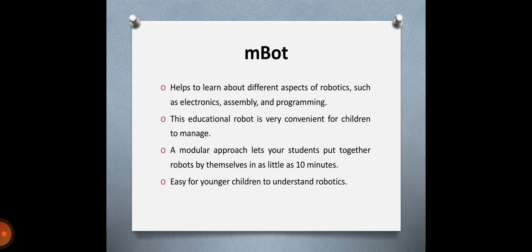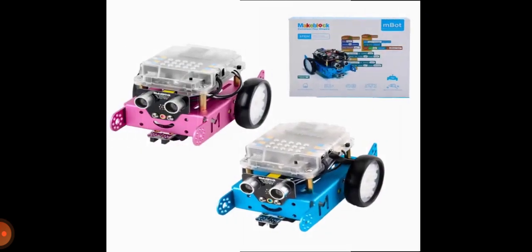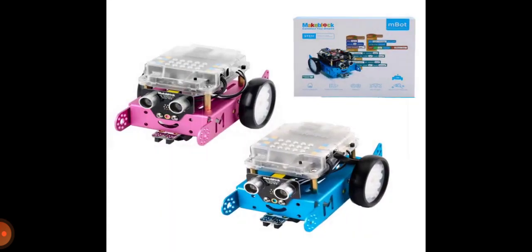mBot. It allows children to learn the various uses of robotics, such as electronics, assembling, and programming. It is very convenient for children to manage. A modular approach lets students put together the robot by themselves. They can easily snap the robots together. It's easy for younger children to understand robotics. They can play while learning.